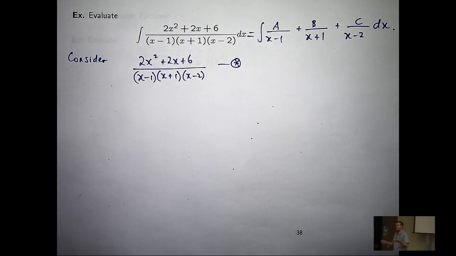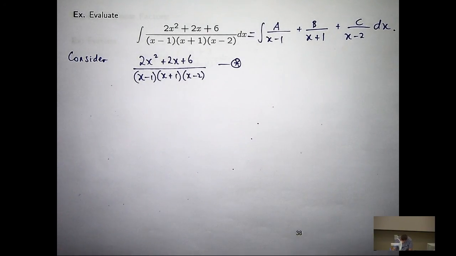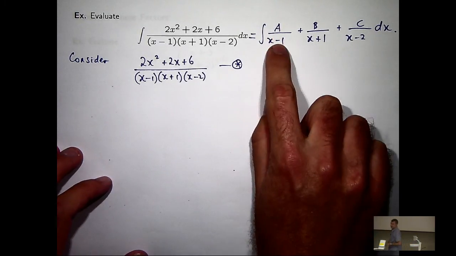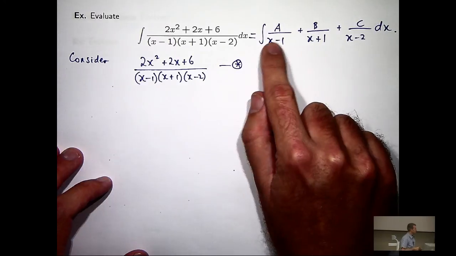All right, so just to step through the process once more, the Heaviside cover-up method. It's great. To get our letter A, it lies above x minus 1.